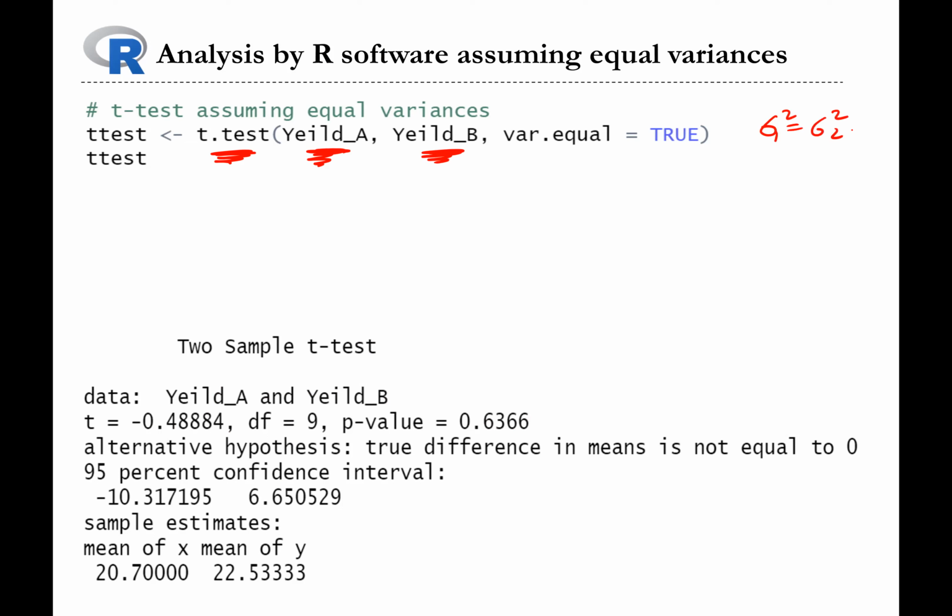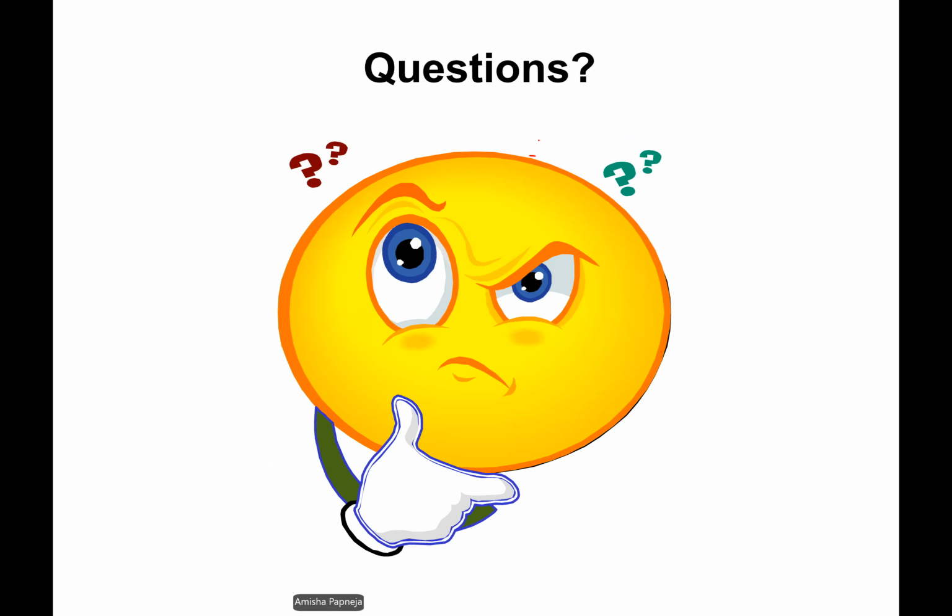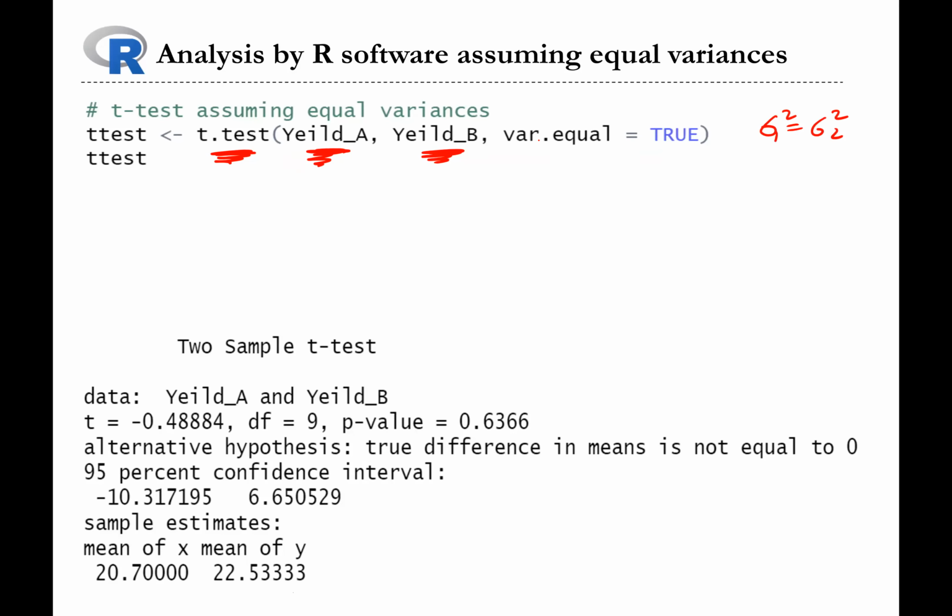How do I let R know that I assume equal variances? With the var.equal option, it should be TRUE. So first group, comma, second group, comma, and then the assumption. Then save everything under some name, any name, and then print what is saved.